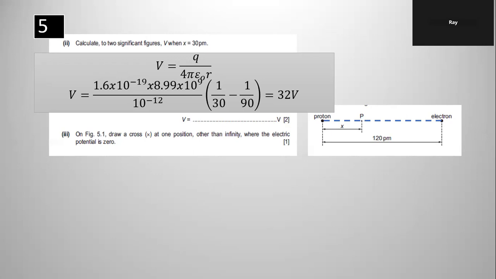Both of them have the same magnitude of charge. One is positive, one is negative. So at the midpoint, it will be 0. That midpoint there, roughly there.